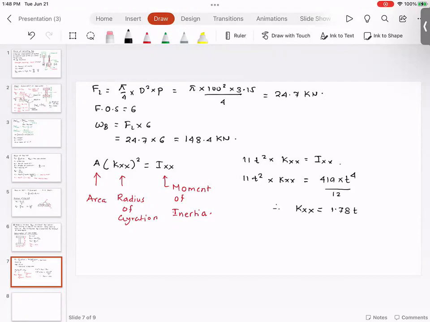And next, the crank radius is equal to 190 divided by 2, that is 95 millimeter, as the stroke length is 190 millimeter. Length of the connecting rod.